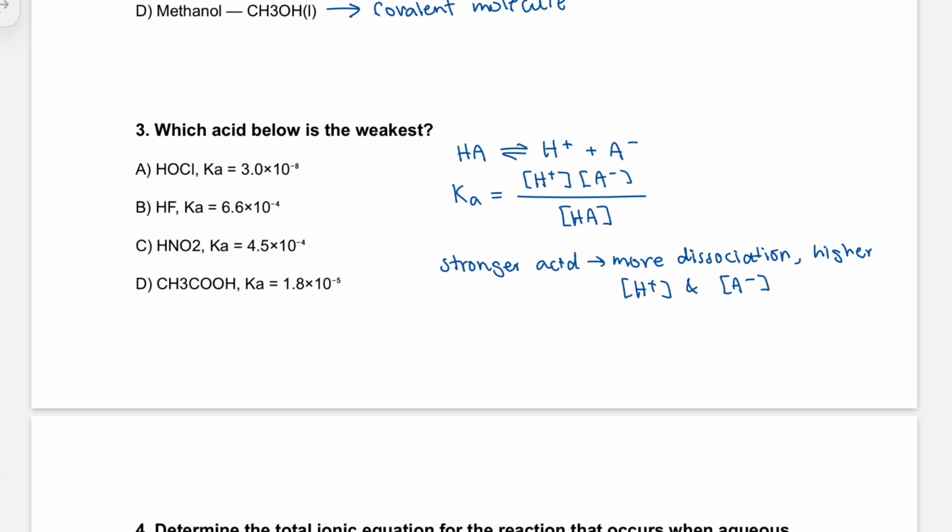So this means a higher Ka value, because these two are on the numerator, right? So it'll make a higher Ka value, and this higher Ka value therefore means that it's a stronger acid. And the one that has the lowest Ka value, because we're looking for the weakest, is going to be A.